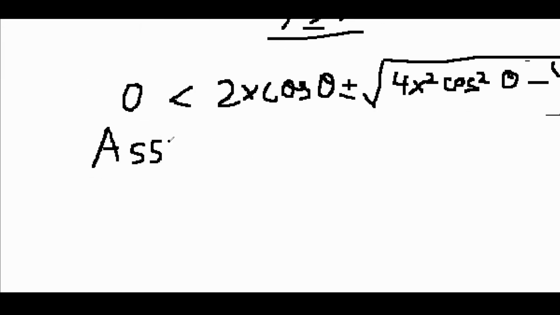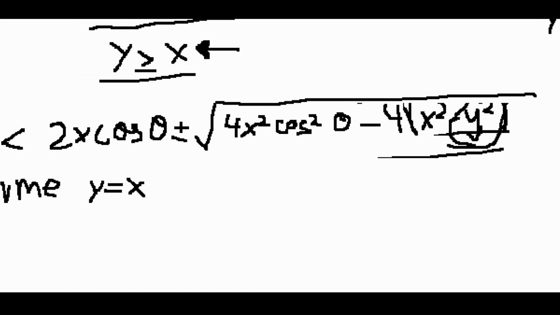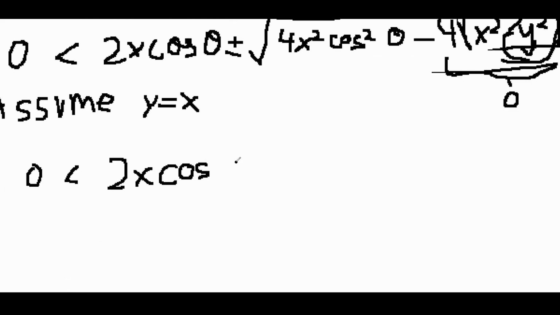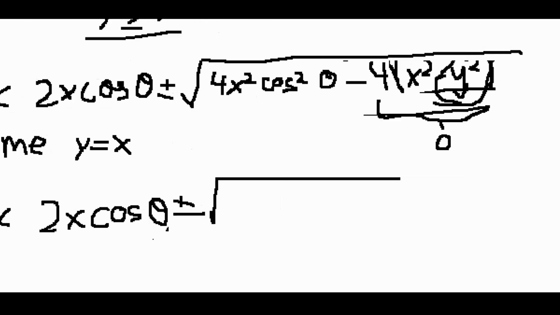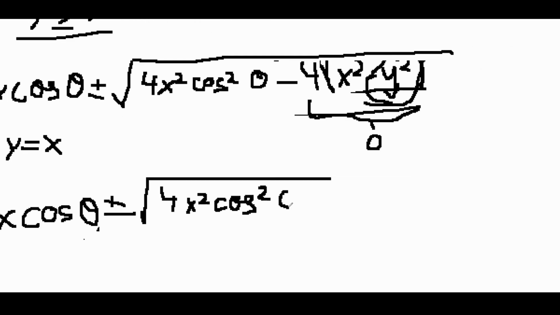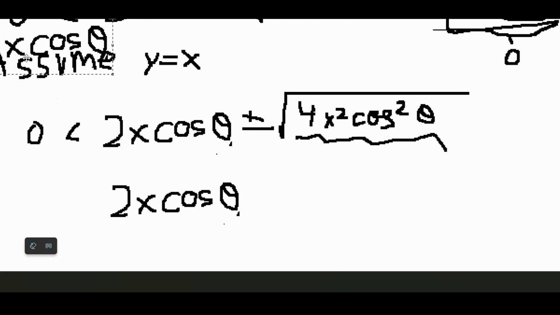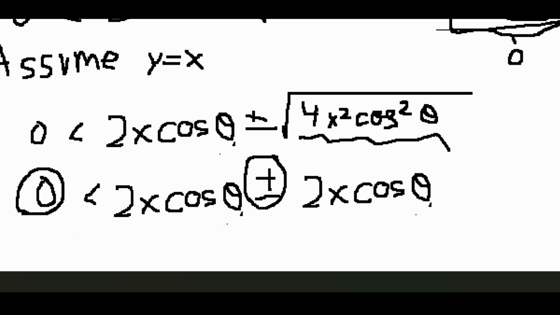Now looking at the limiting case, let's assume that y is just equal to x. So this entire term becomes 0. So we can just rewrite the entire term back again, and you can see that the entire stuff in the under root is precisely equal to that exact thing. So it's just 2x cosine theta plus minus itself.